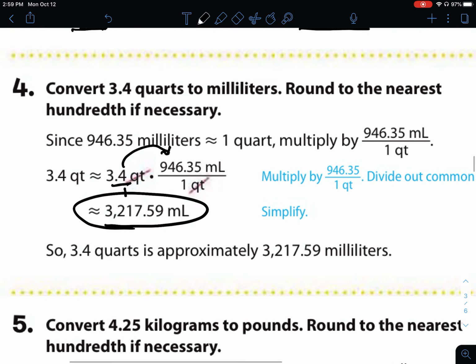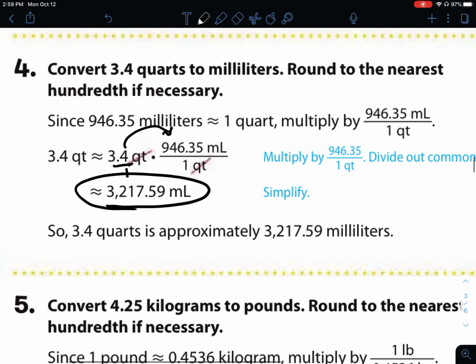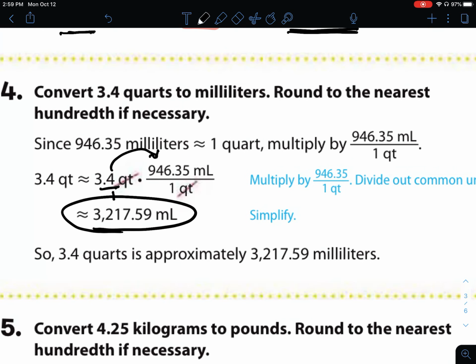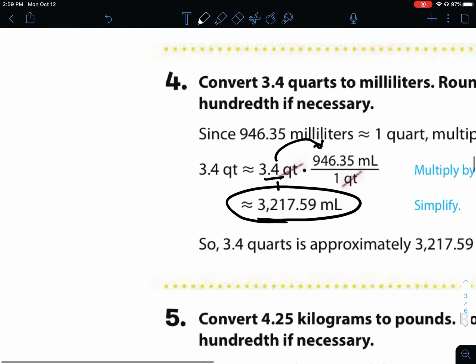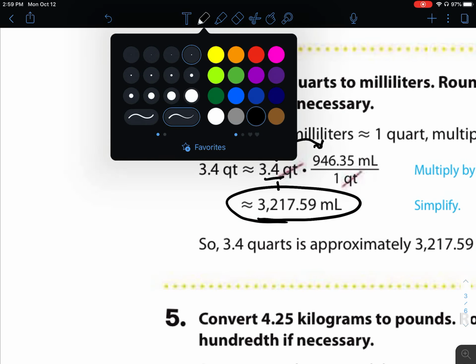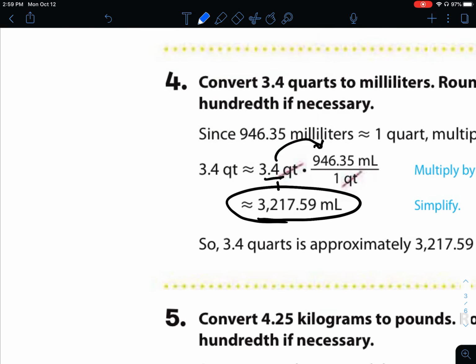All right, let's take a look at example number 5, see how this works. Convert 4.25 kilograms to pounds, round to the nearest hundredth if necessary. Again, the first thing we need to do here is write down 4.25 kilograms over 1.